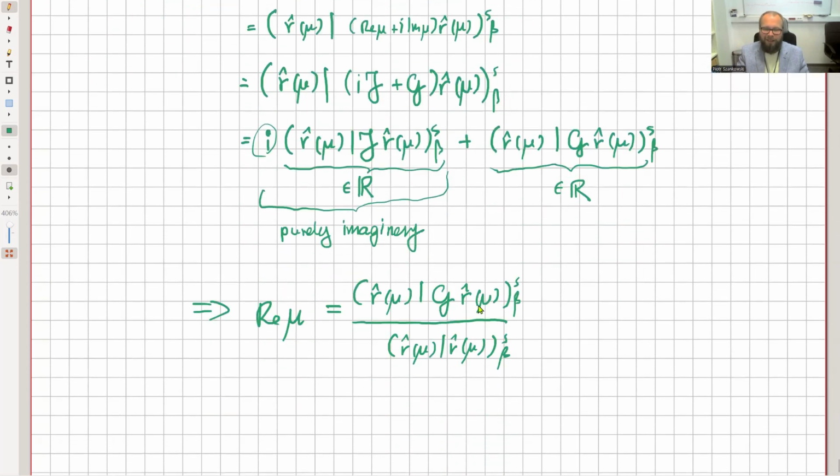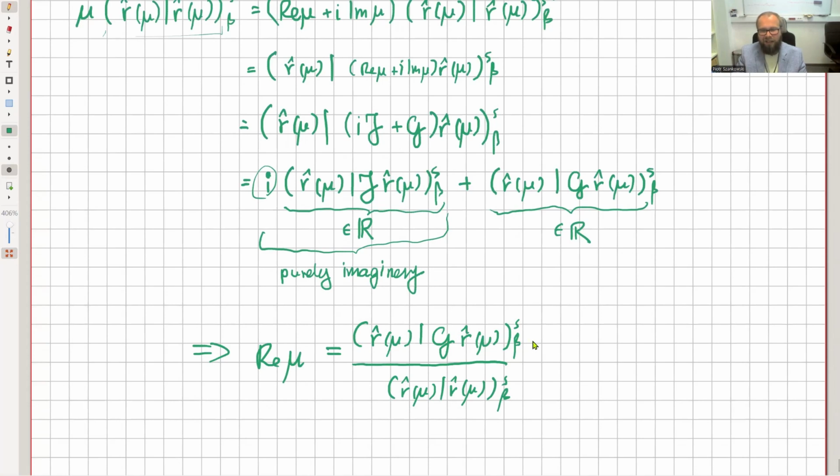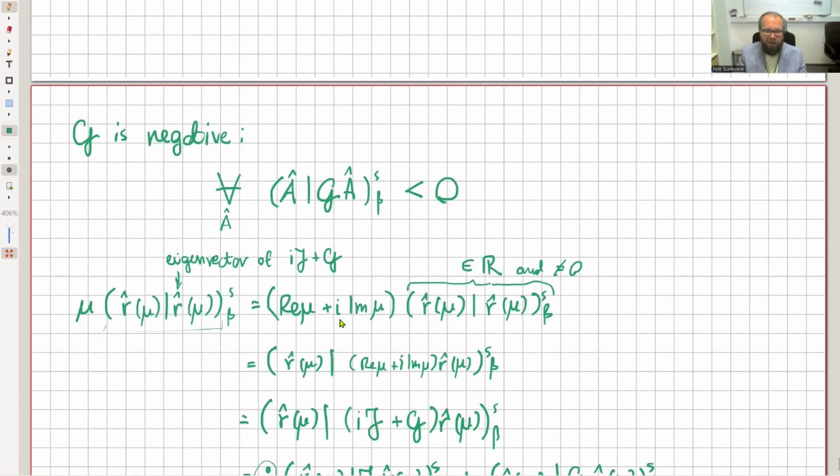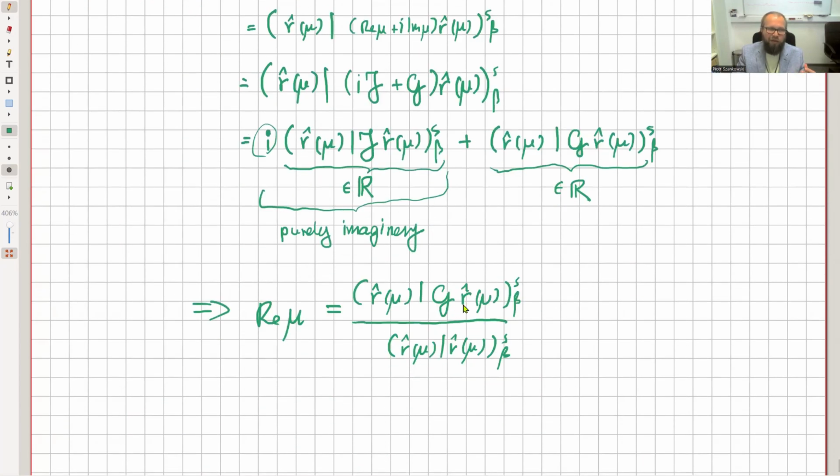In other words, the real part of the eigenvalues is controlled by G. So now, if I can show this for any A, in particular it will also work for r, and we would get that this is strictly less than zero.